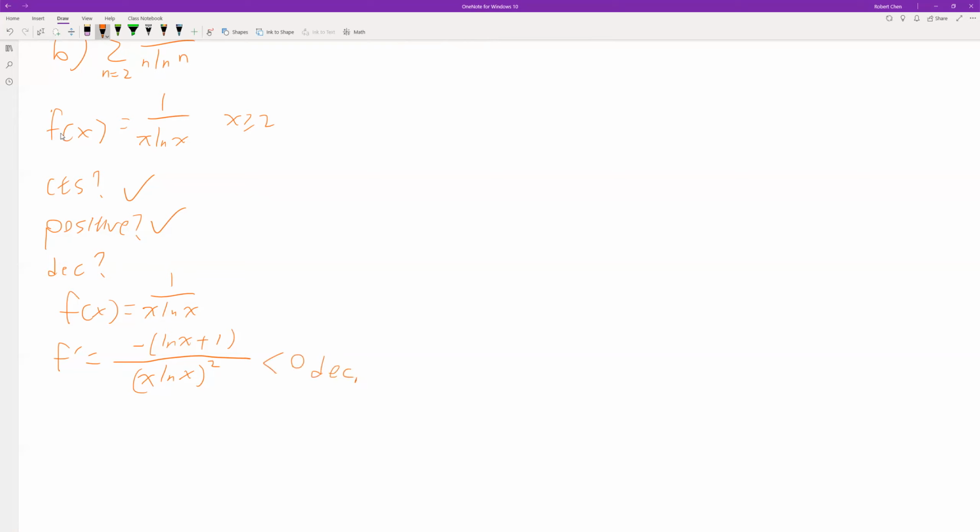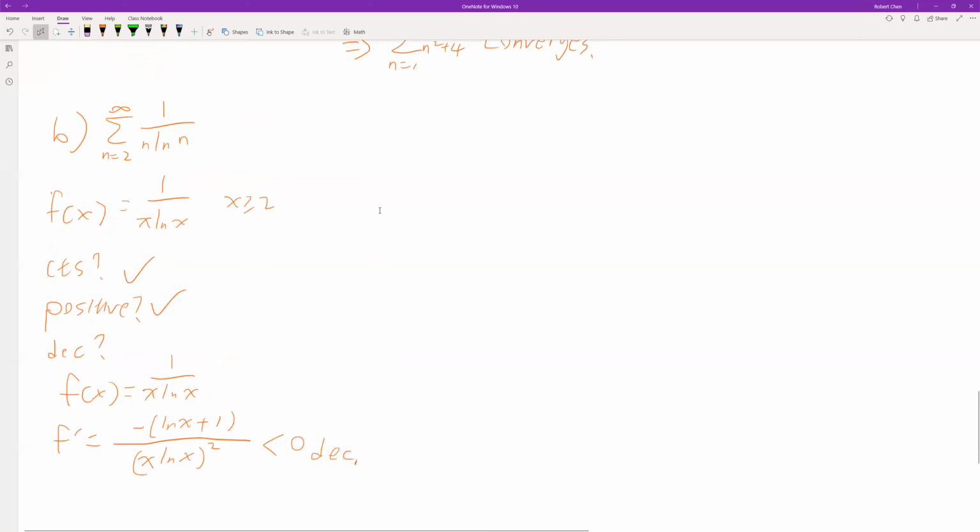Okay. So if you are a little confused on how I got this, I just did a quotient rule. In the numerator, just 1, and denominator is g, and then in the parentheses, I have to use the product rule to find the derivative. All right. So now that we know the integral test is going to work, let's go ahead and check. Taking the integral from 2 to infinity, 1 over x ln x dx.